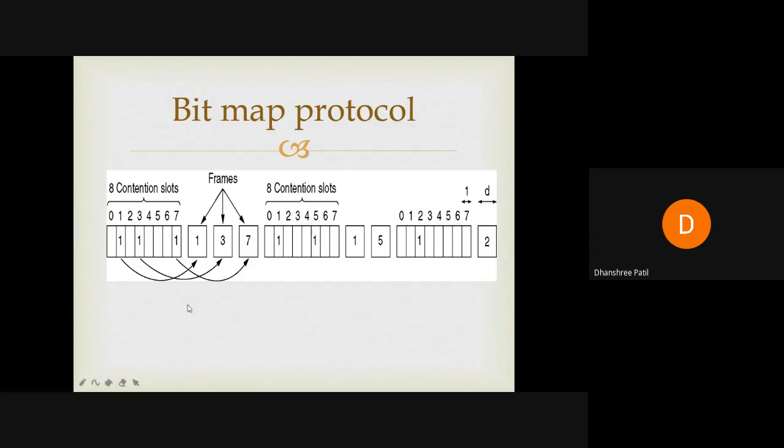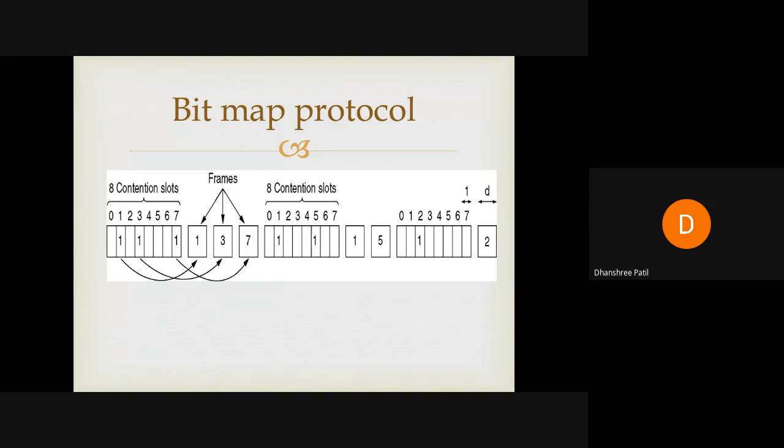Those stations will transfer one bit into their slot. Suppose slot number 1 wants to send the frame, so it transfers one bit into its slot. Slot 3 transfers one bit into its slot. Slot 7 transfers one bit into its slot.